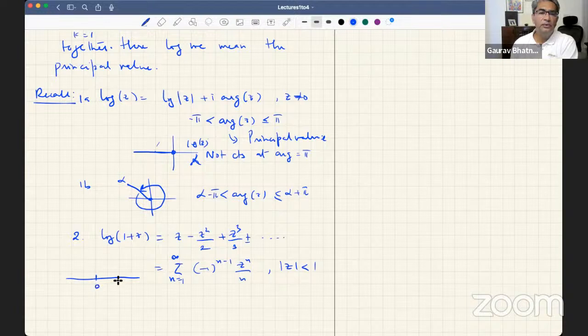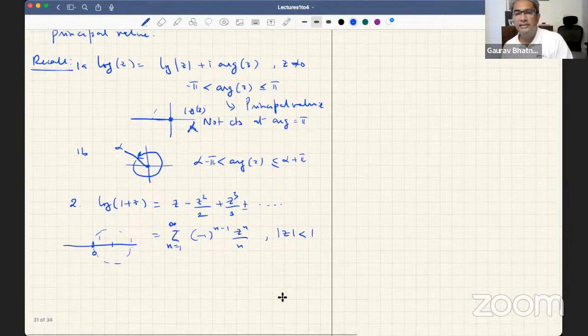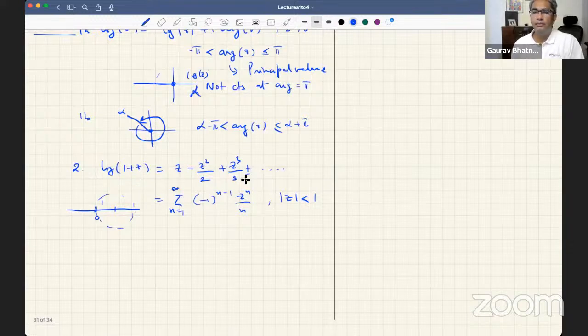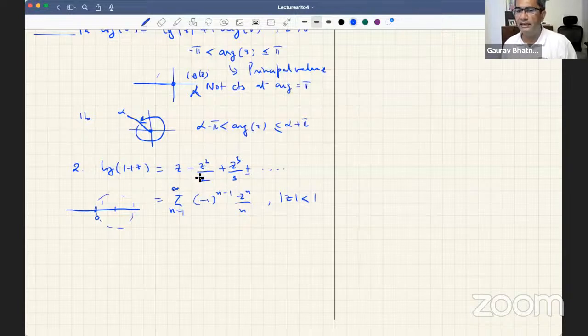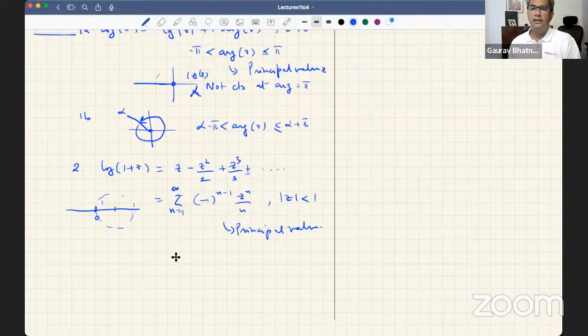So this is 0, this is 1, and in this domain, not including the 0, log has this power series. This is the principal value, and the other values can be obtained by adding a constant here. For other ones you can add some 2 pi i multiple to get this. So essentially we are avoiding this point 0. The rest is okay. It's not a big deal.